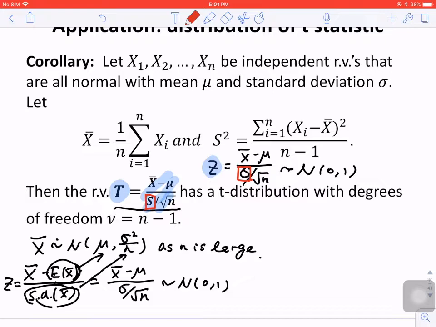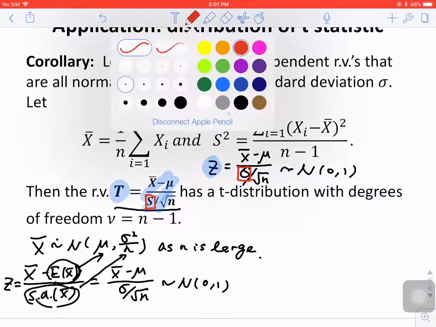Then you start thinking, why do we use sigma to construct a z, and here we just use s to construct a t? Actually, that's the key difference in applying these two random variables.